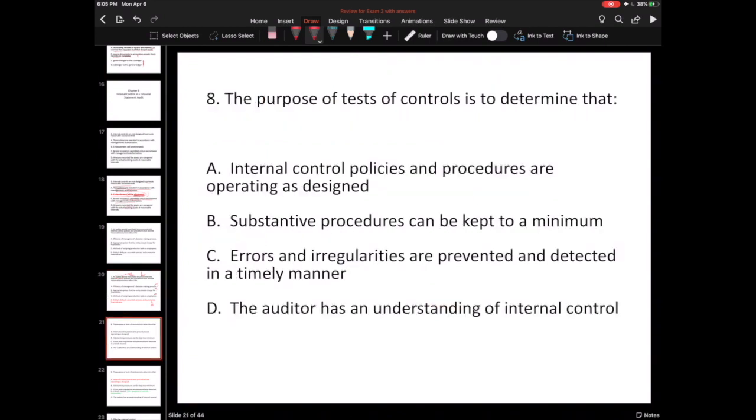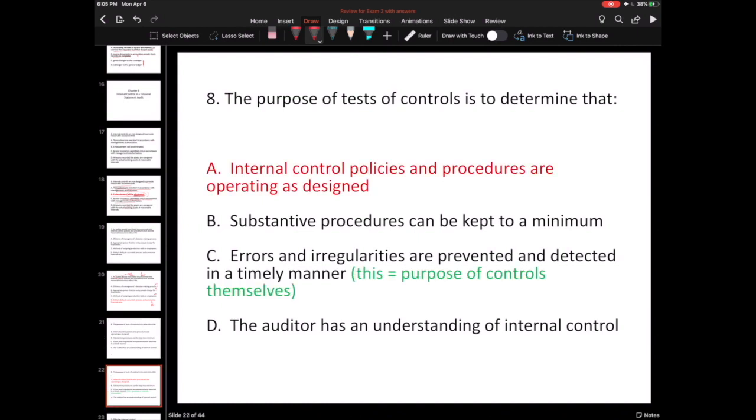Okay. The purpose of test of controls is to determine that, hopefully you got A, that internal control policies and procedures are operating as designed. This is a nice benefit of test of controls.